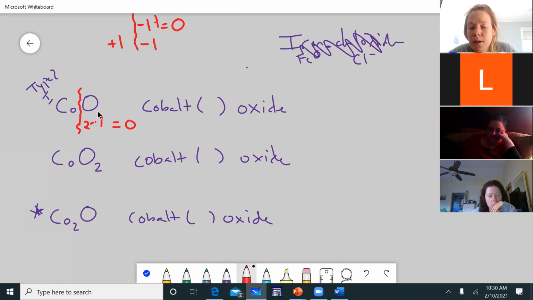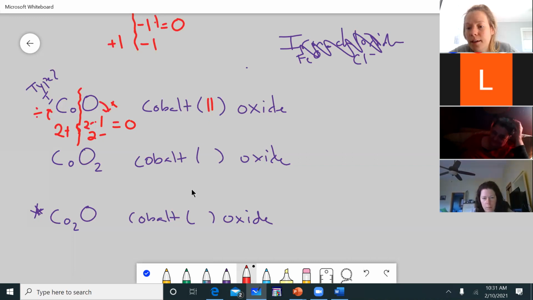So I'm going to multiply it by 1. When you're going down, you want to multiply. When you're going up, you want to divide. And we'll see that on this bottom one here. So a 2- times 1 will give me a 2- charge. So what does cobalt have to be? 2+. All right, so this is cobalt 2 oxide.